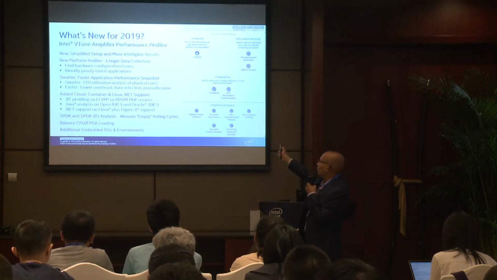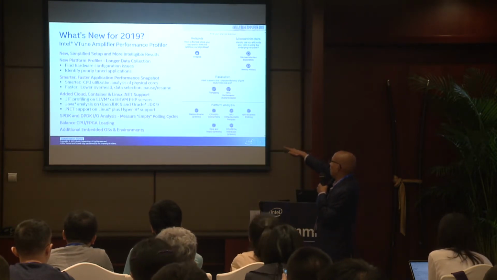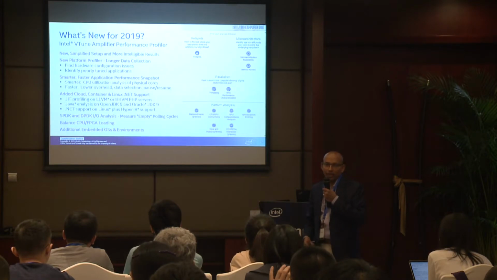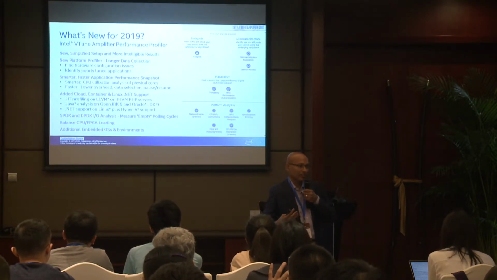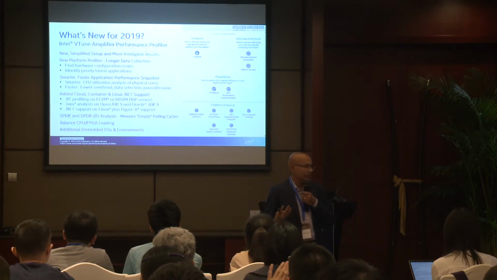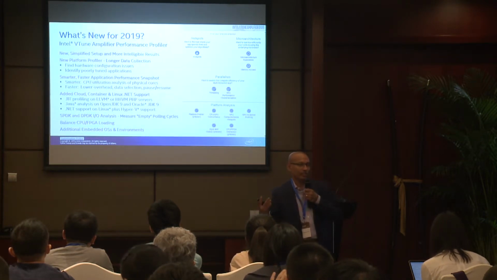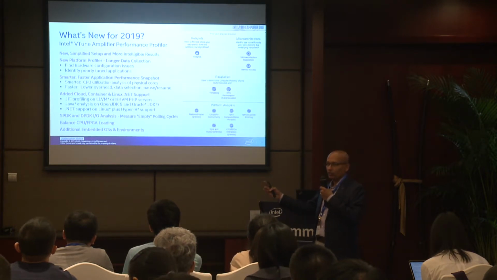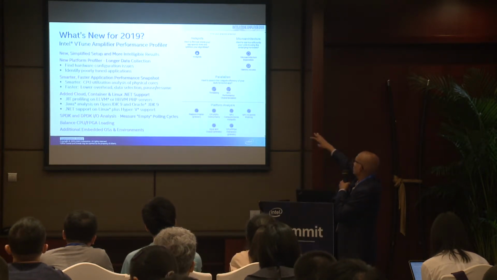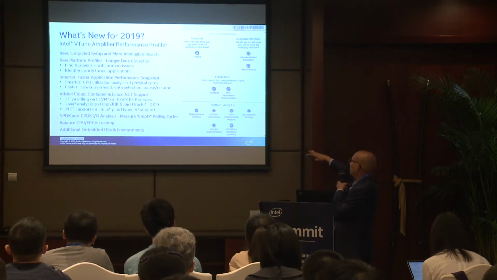And then there are some improvements we did recently to make it a little easier, because in the past we had a flat organization of all the different analysis types, and the names were also not very intuitive. So we felt we needed to organize it a little better for you. If you are getting started and have never used VTune, you now have some way of conceptualizing what you should do first.